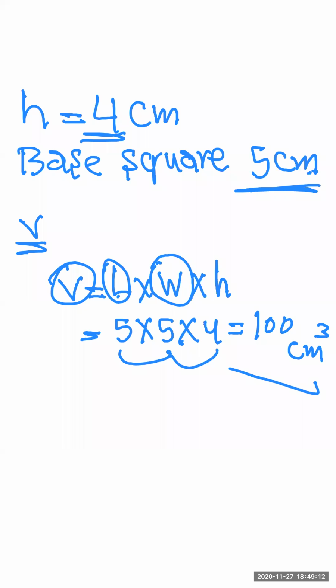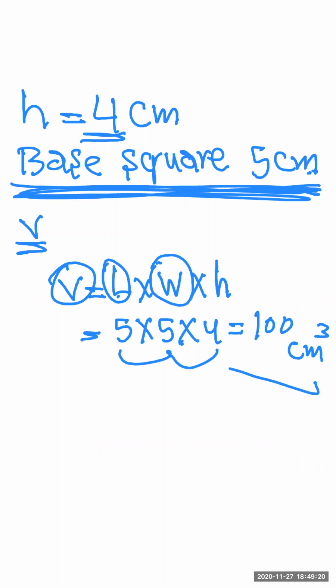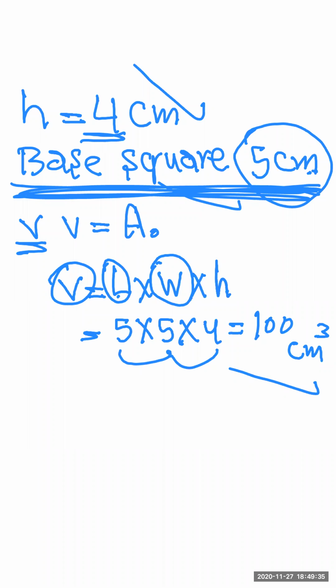What are the givens of the question? The givens are written here on the top. Height 4 centimeters and the base is a square of side length 5, and we need the volume. Because volume equals area of the base times height.